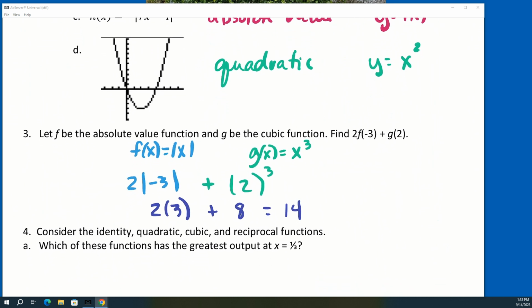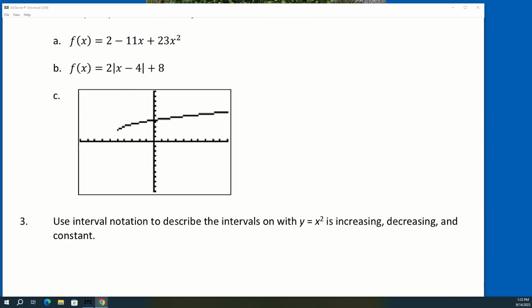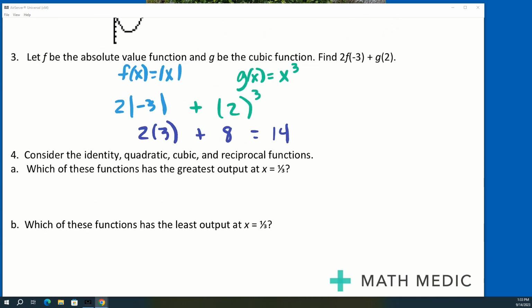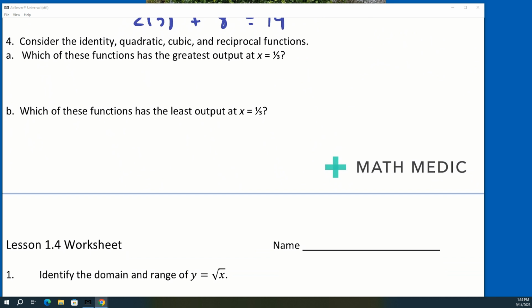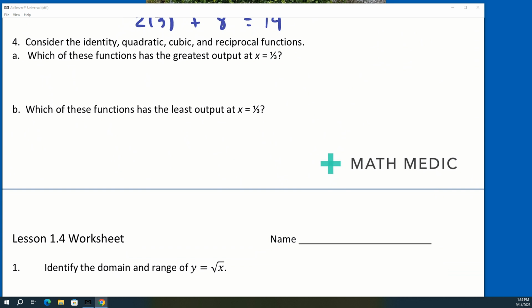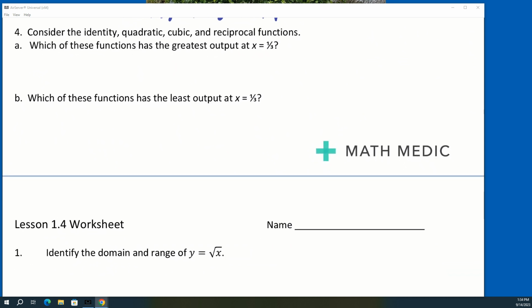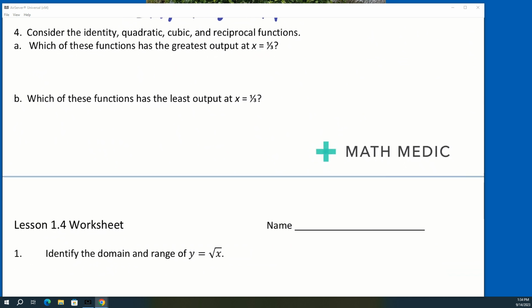All right, and number 4, I really like. I didn't put one on your assignment because I kind of thought yesterday we'd get everything done in one day, but it's fine. Don't be surprised if you see some more questions like this. But we're going to consider the identity function, the quadratic, cubic, and reciprocal function. So over to the side, I'm going to write what those are.